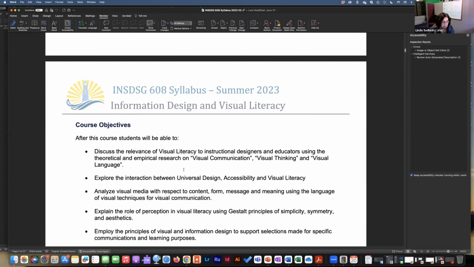Because it's important for a screen reader to be able to identify the information on your page, and whether it's valuable information versus a decorative image, you're going to want to make sure you have that described.